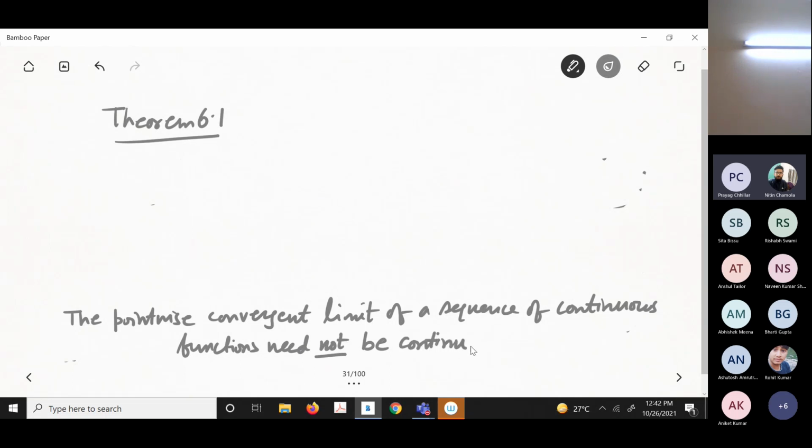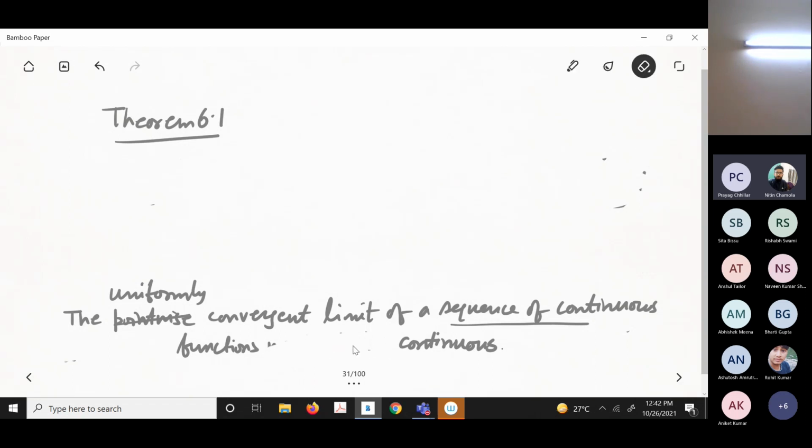Historically, I already told, even Cauchy made a mistake on this. Pointwise convergent, but a sequence of continuous functions. But if I take uniformly convergent, the uniformly convergent limit of a continuous function is continuous.